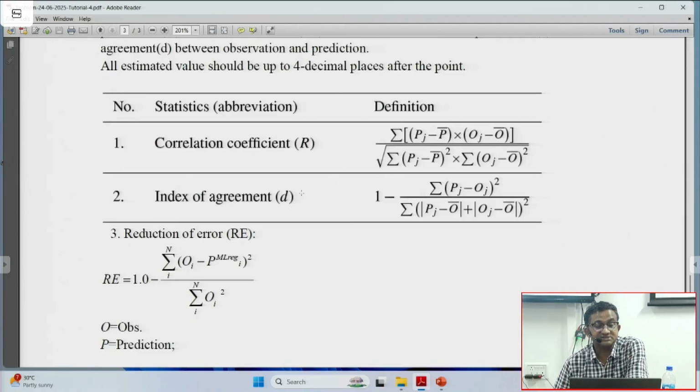In that case, we also need to understand the hypothesis from which all these statistical measures have been derived. We have talked about the L1 and L2 norms, and both may perform differently.